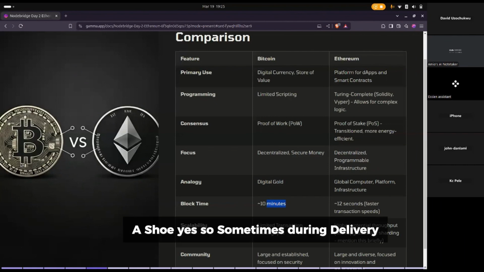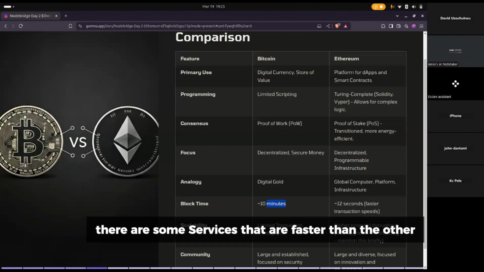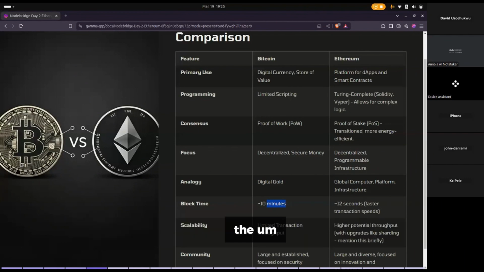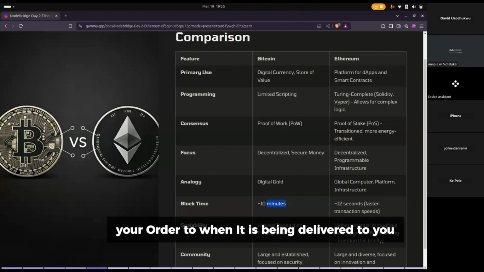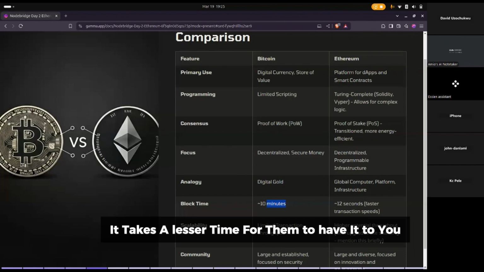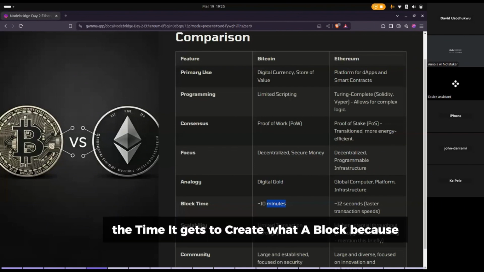Sometimes during delivery, when you place an order, there are some services that are faster than others. Some will tell you that from when you place your order to when it is delivered to you, it sometimes takes 30 or 40 minutes, while for some that are closer to you, it takes less time for them to get it to you.